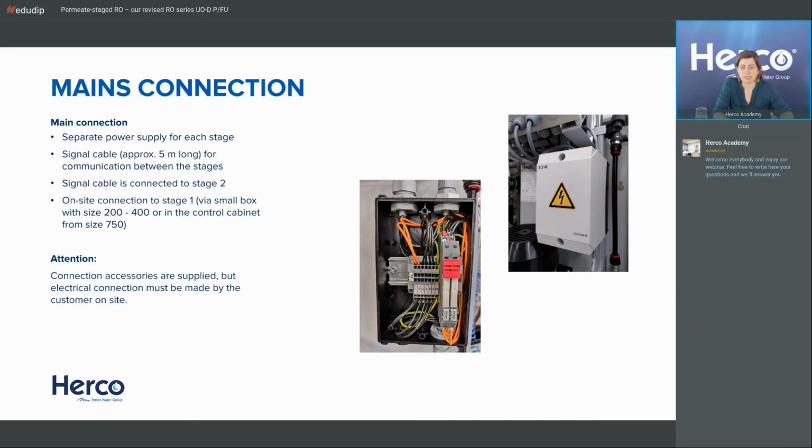It is described in detail how to do that. If it's retrofitted, you have to take care of how you do the connections. As I said, the connection must be made on site. It makes sense because we want to have the flexibility on site to put the units where we want to. It wouldn't make sense to bring them in connected already.